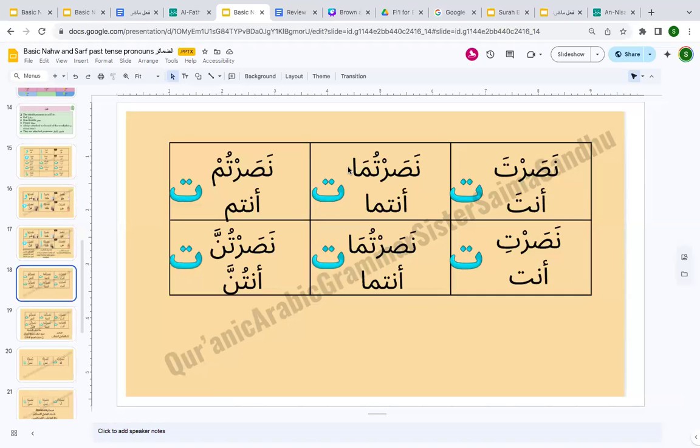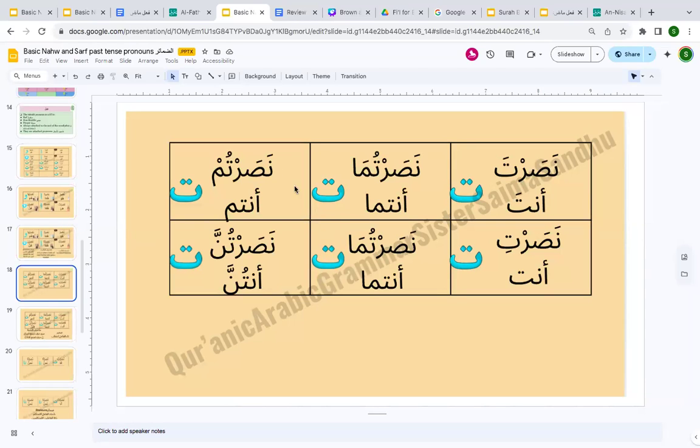Alhamdulillah. So everyone, when you look at your table, make sure your pronoun that is visible is written on your table. On your table, you will have ta written as a pronoun, and the role of ma, as Nada has just told us all, is to denote dual in both masculine and feminine.